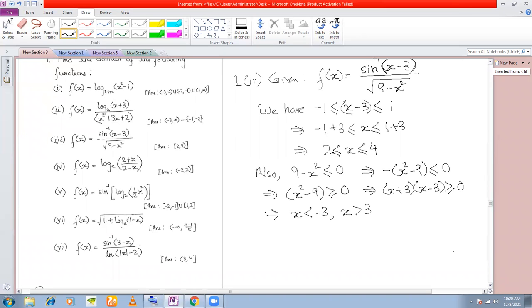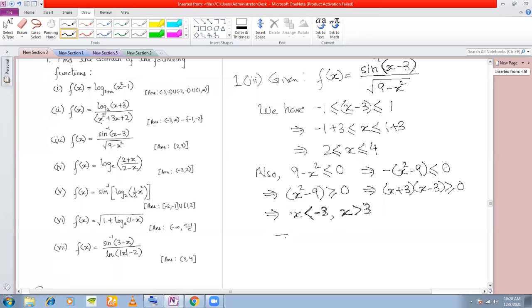So what are the conditions that we are getting here? x has to be less than minus 3 or greater than 3, and also x has to lie between 2 and 4, right? So therefore, x cannot be less than minus 3 and x cannot be greater than 3.